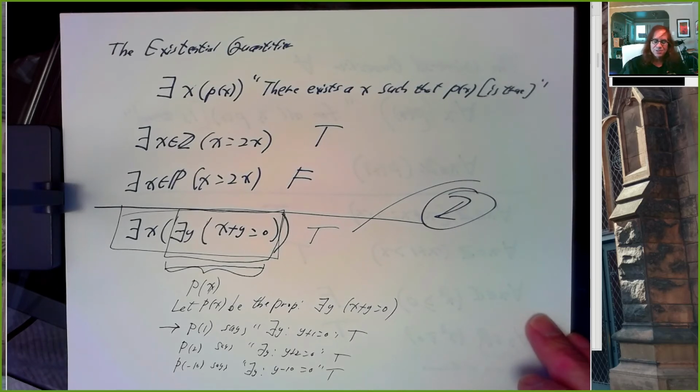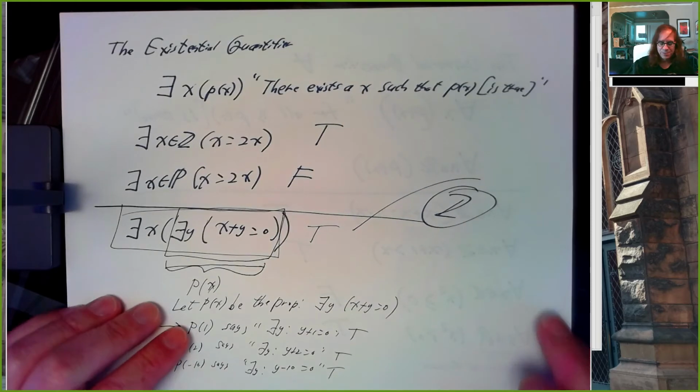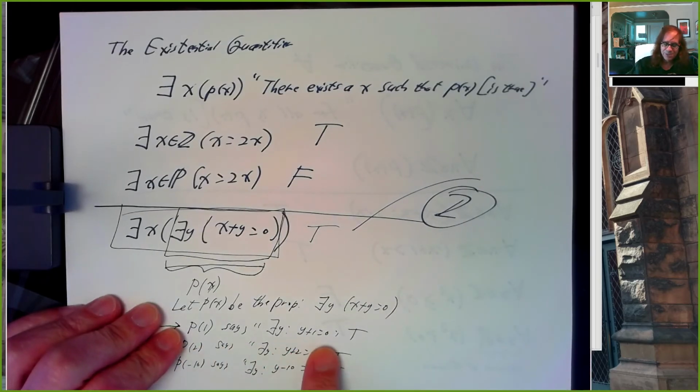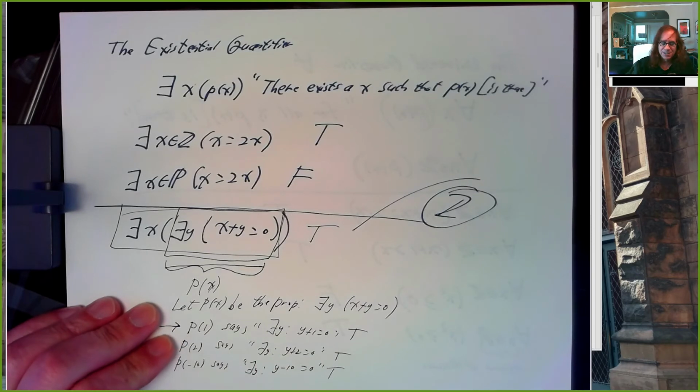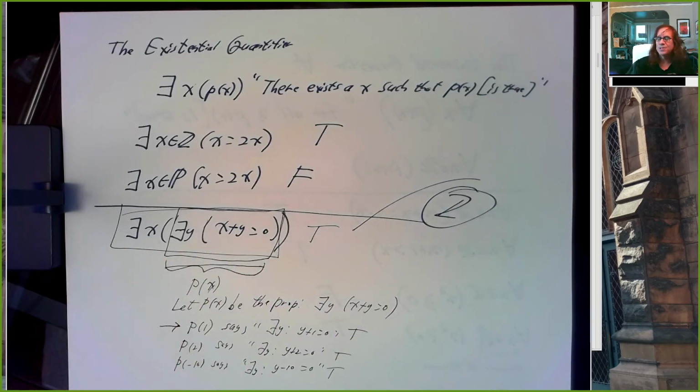I'm not sure it's true over positives. Yeah, it may not be true over positives even. So P of 1 would say there exists a y such that y plus 1 equals 0. Well, that's false. Because the only y that satisfies this is negative 1, which isn't in the set of positives. P of 2 would say there's a y that you can add 2 and get 0. That's false. So I think this fails over the positive integers.